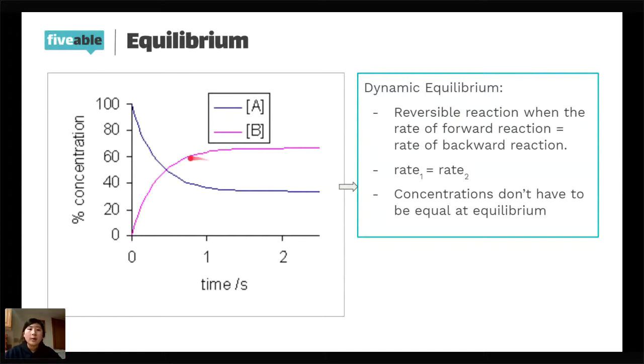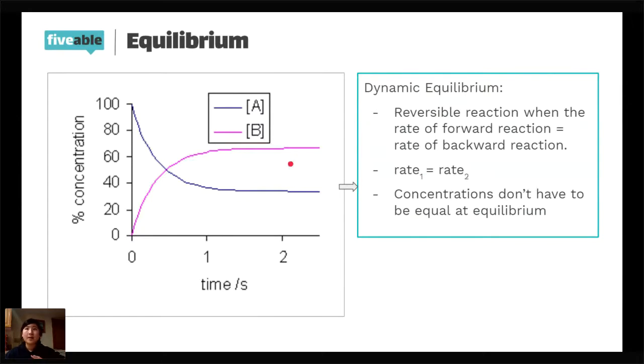So really the main criteria for you to reach equilibrium is if rate number 1 is equal to rate number 2. So if the rate of the reaction moving forward is equal to the rate of the reaction moving backwards, then you have equilibrium.